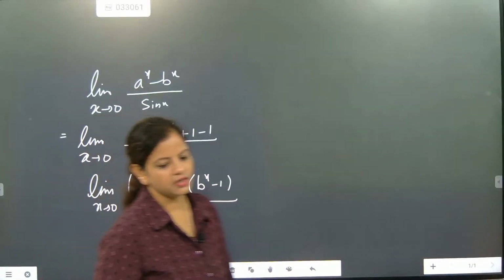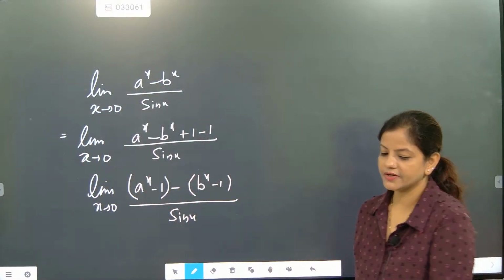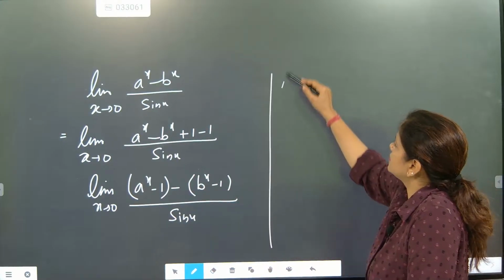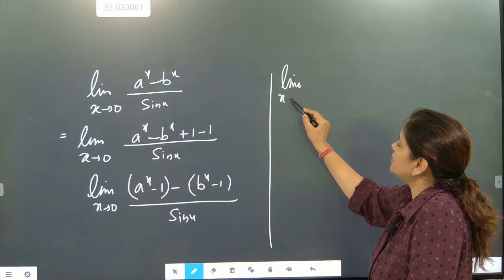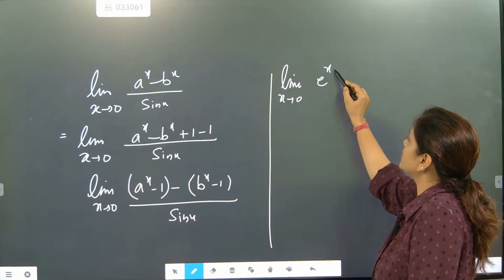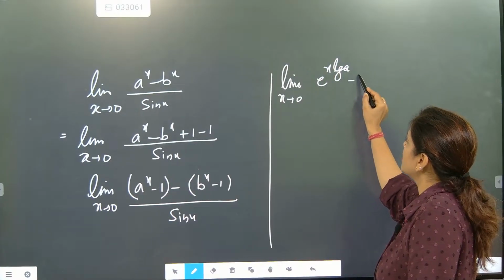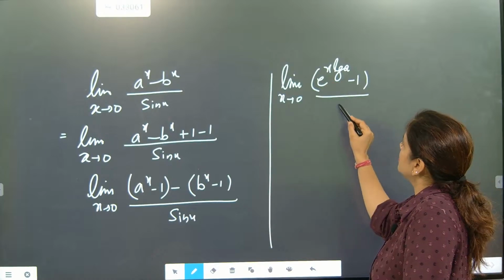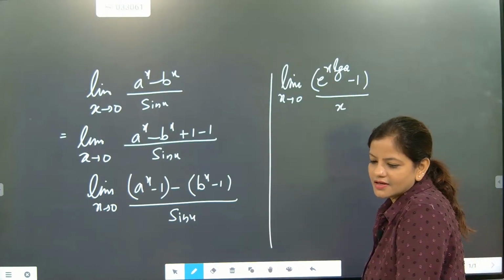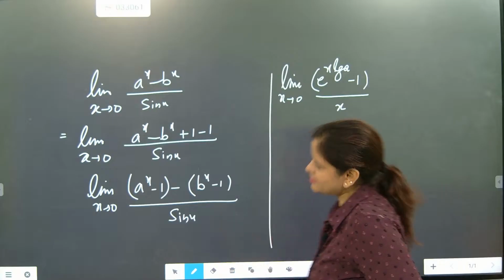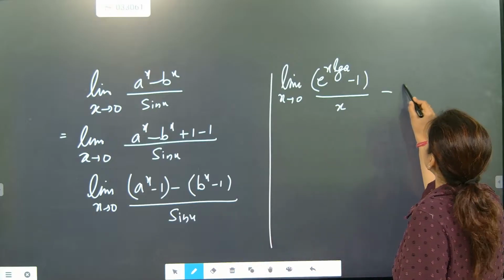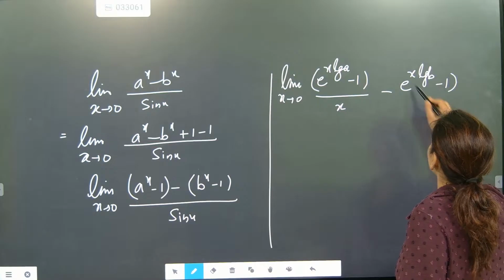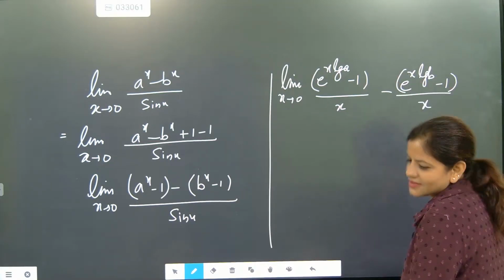Now only one last step. Limit x tends to 0. A to the power x will become (e to the power x log a minus 1) by x. Now where am I getting the x from? Check this: minus (e to the power x log b minus 1) by x.